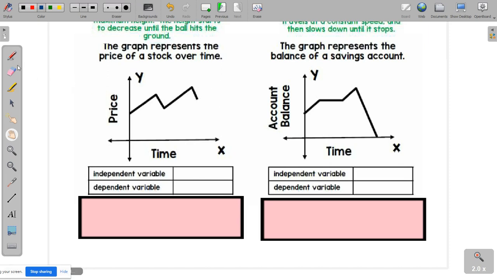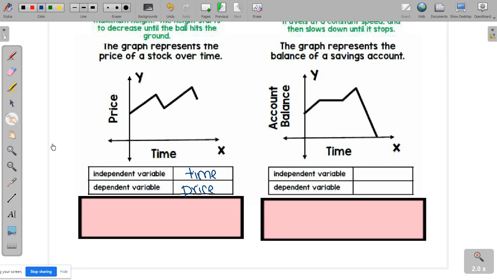Okay, let's check the next two. So this graph represents the price of a stock over time. So the independent variable is time, and the dependent is the price. So the price of the stocks always depends on the time.